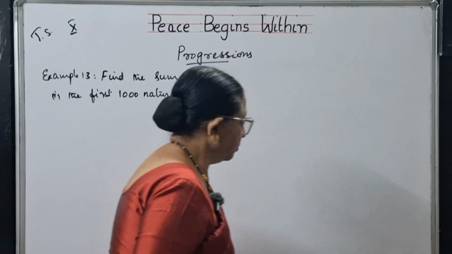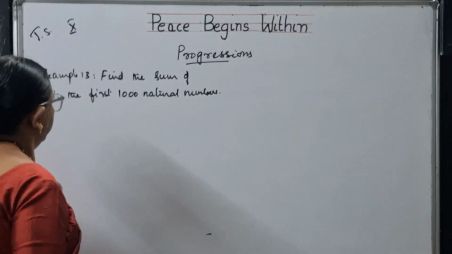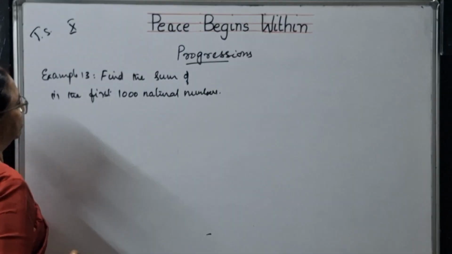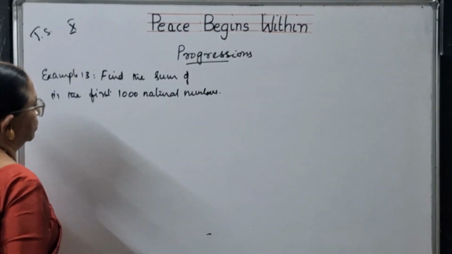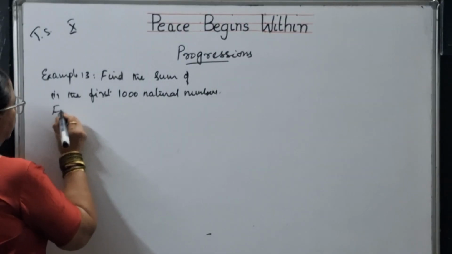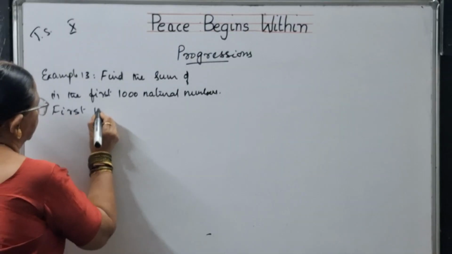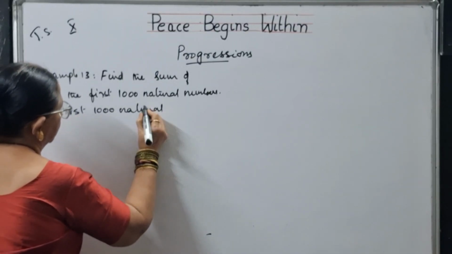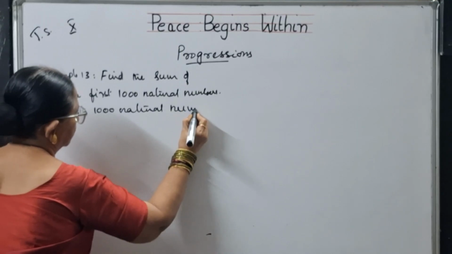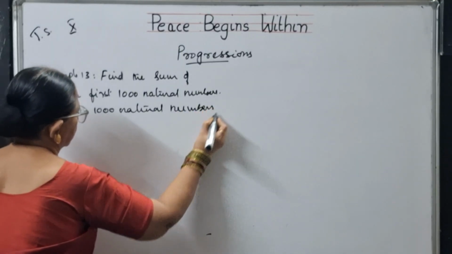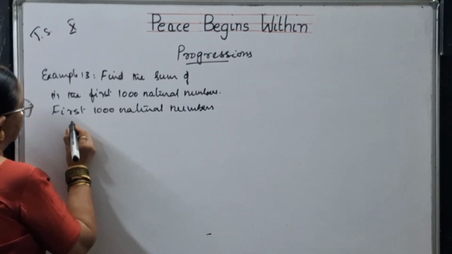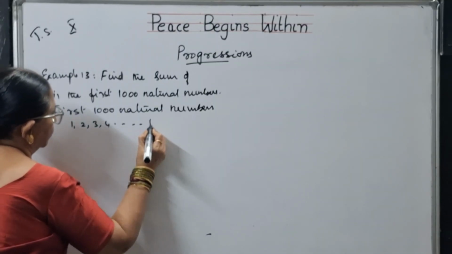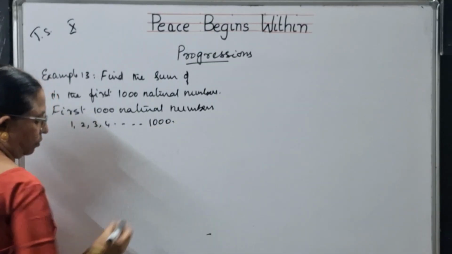Now, example 13, children. Find the sum of the first 1000 natural numbers. So what are the first 1000 natural numbers? 1, 2, 3, 4, and so on up to 1000.